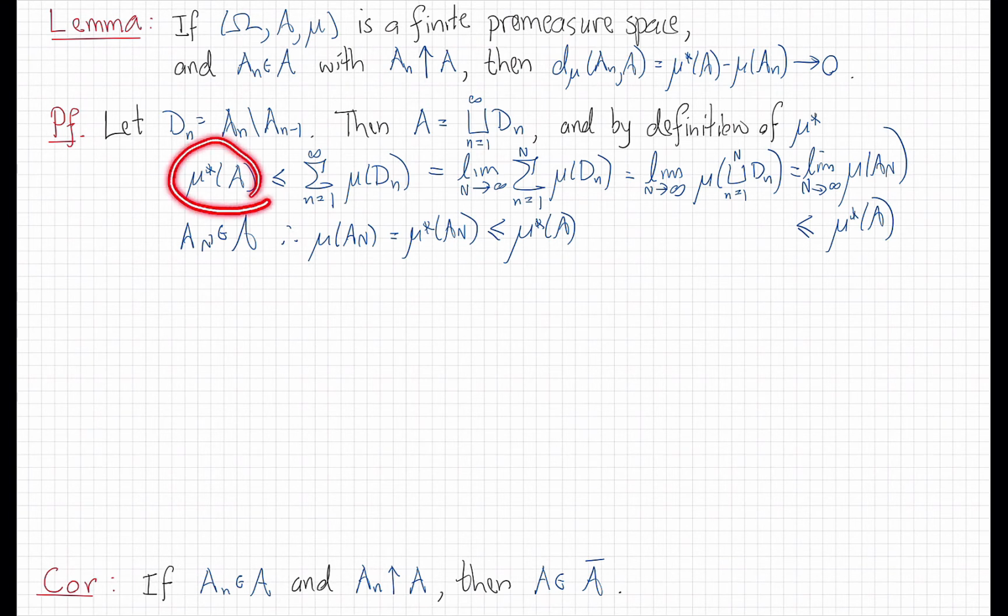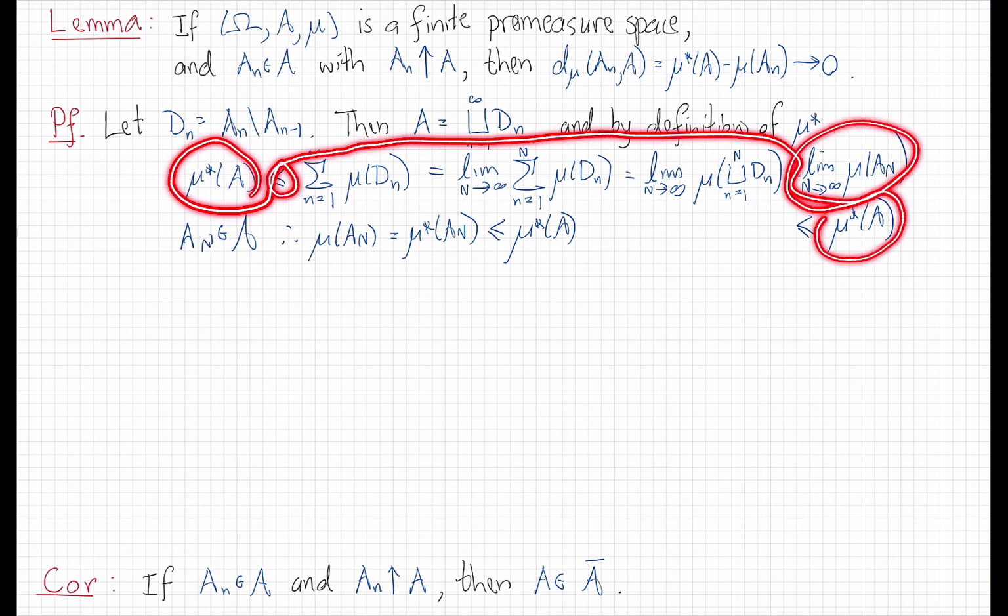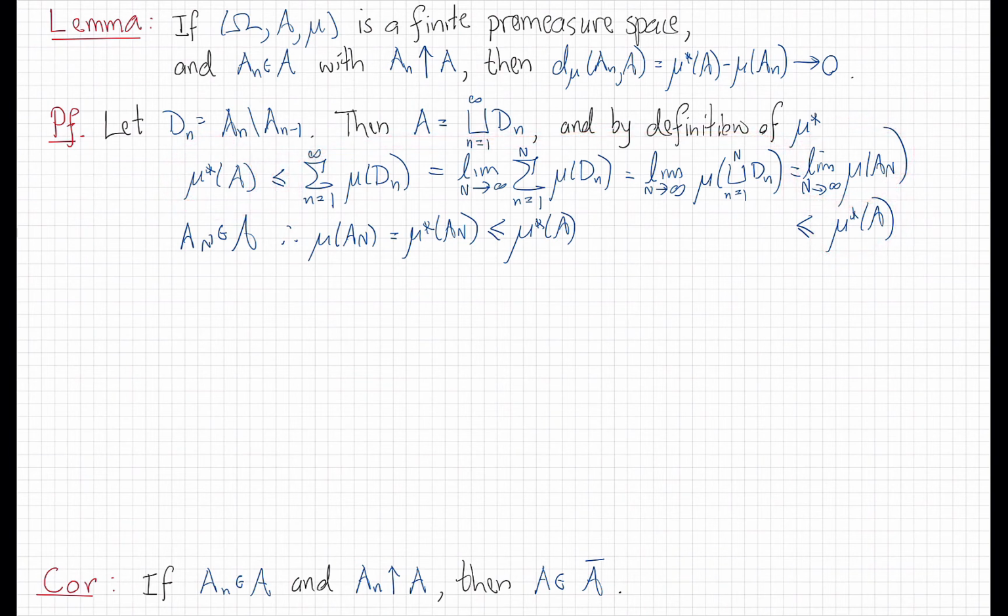Mu star of A is less than or equal to each of the terms here, which is less than or equal to mu star of A. We therefore can conclude that the limit as capital N goes to infinity of the measure of A capital N is mu star of A.